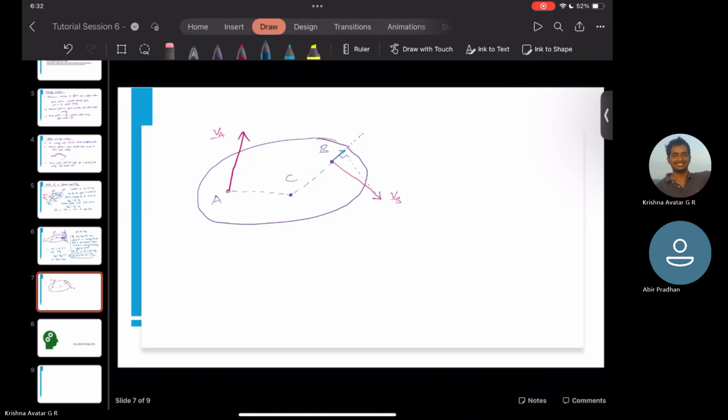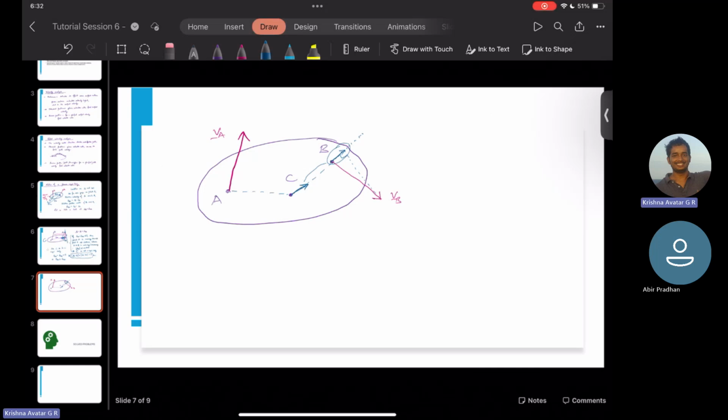And then translate this vector here to here. So this is the projection of velocity vector VB on the line connecting points C and B.